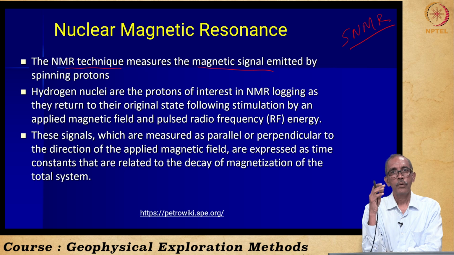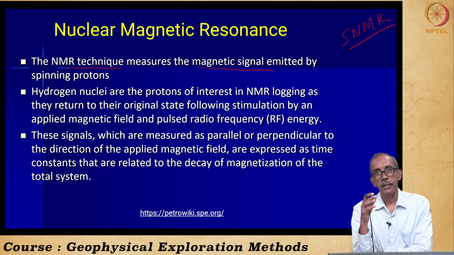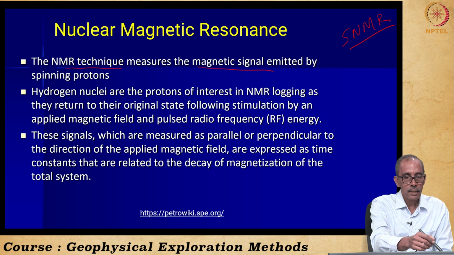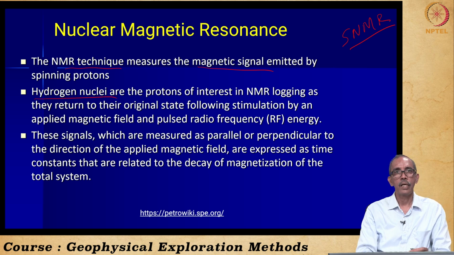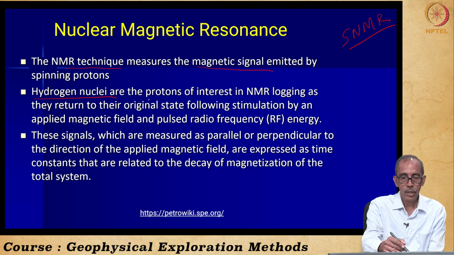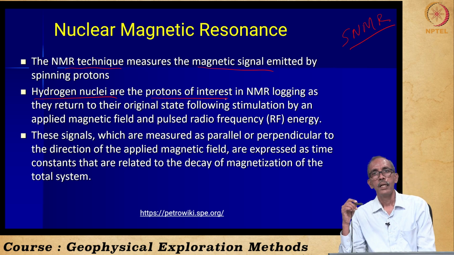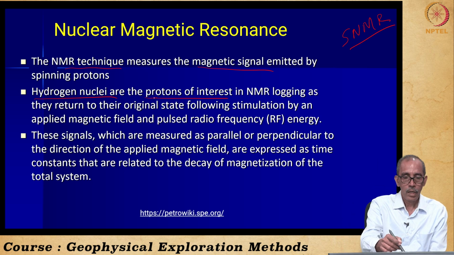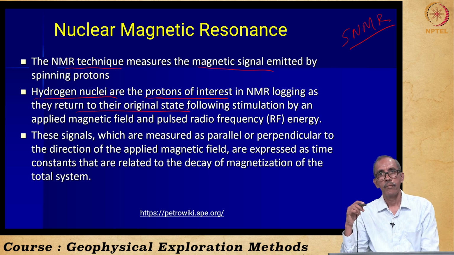When we are talking about spinning protons, NMR mostly focuses on the detection of the hydrogen nucleus. Right. So, what is the significance of hydrogen nuclei? Hydrogen nuclei have protons of interest, especially in NMR logging, because the protons of hydrogen return to their original states. Right?